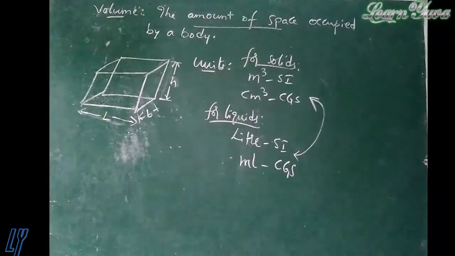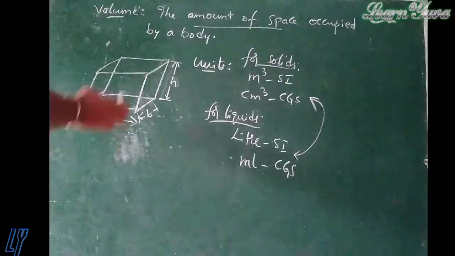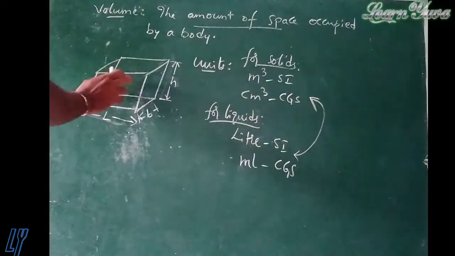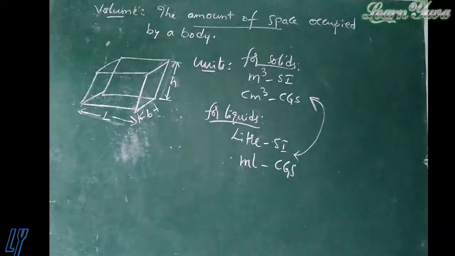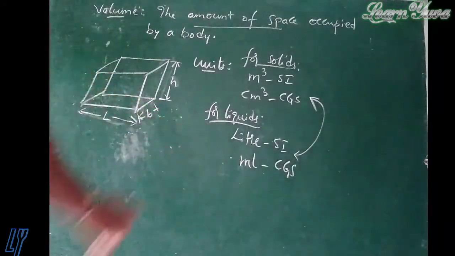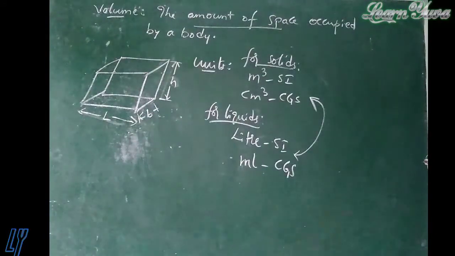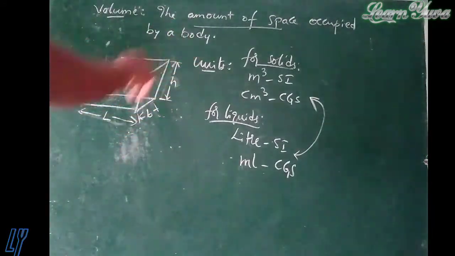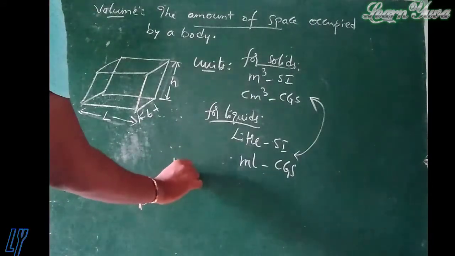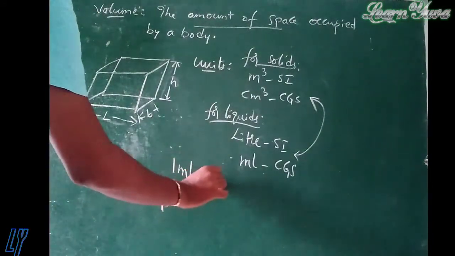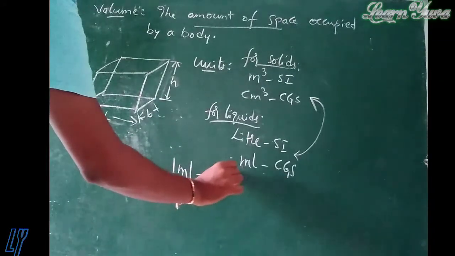If you want to measure how much volume is occupied by the liquid stored in a container, we must know the volume in liquids, so there must be a relation between solids and liquids. 1 milliliter is nothing but 1 centimeter cube. Important.